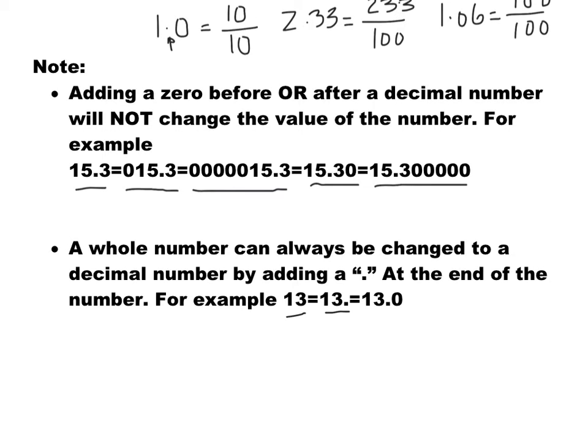It is understood that when there is no digit, the digits are all zeros. So 13 point is equal to 13.0, which is the same as 13.00 or 13.000, as many zeros as you want. So it's very important. You can change a whole number to a decimal by just adding a decimal point at the end of the number.